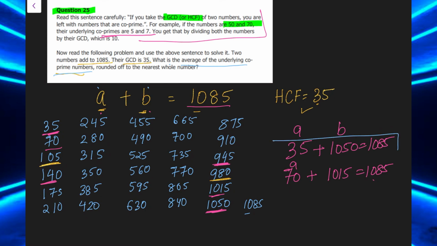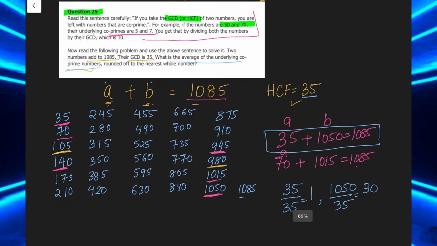Now let's find the co-primes. Let's take the first example. Our highest common factor is 35. So the co-prime for 35 divided by 35 is 1, and 1050 divided by 35 is 30. 35 times 30 was 1050.